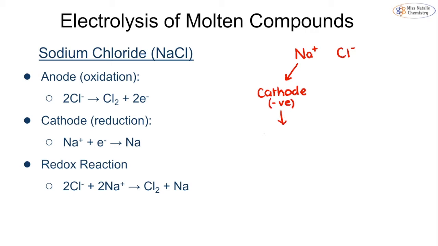It is then going to gain an electron, and then it becomes a sodium atom. So we can then write out that this is a reduction reaction because we are gaining that electron, and we can write our half equation as Na+ + 1 electron gives us Na atoms.